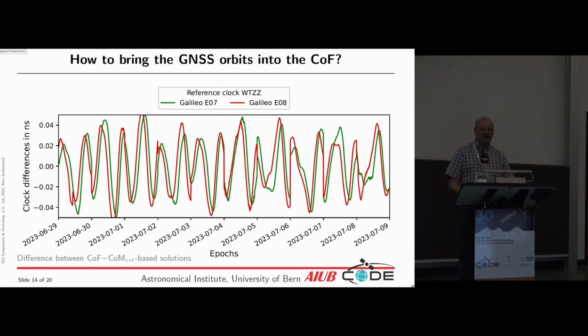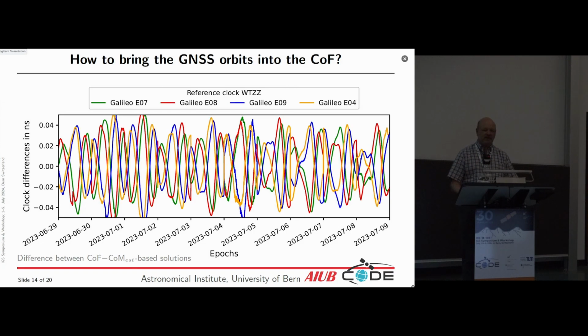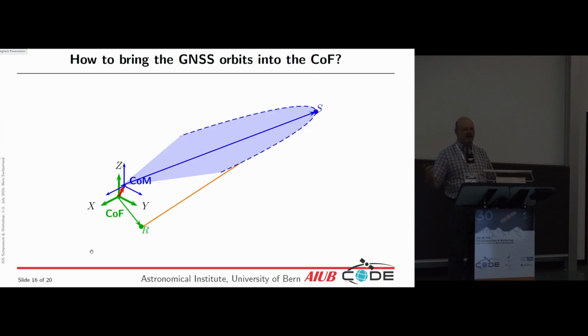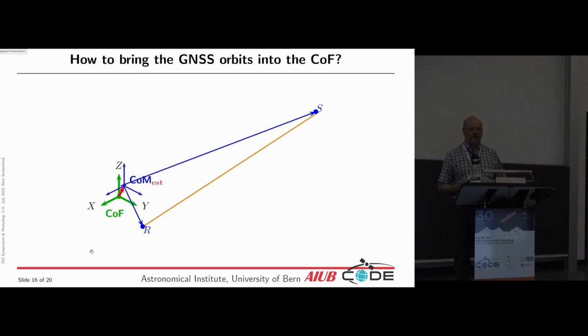And this is the 3rd time that I went through this procedure. Now we have the difference between the estimated geocenter solution and the center of figure solution. The amplitudes are twice as big as before, and we see that we get back the geocenter that is estimated; the estimate from the station coordinates is recovered by the differences of the clocks.